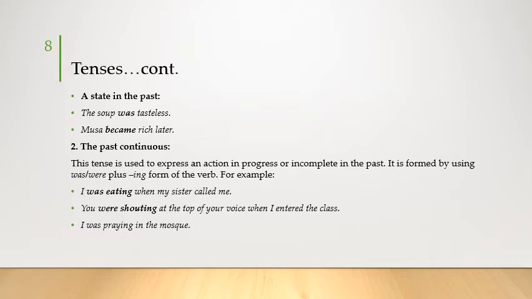It is formed by using was or were plus the ing form of the verb. For example, I was eating when my sister called me. You were shouting at the top of your voice when I entered the class. I was praying in the mosque. Was eating, were shouting, was praying. All these are indicators of past continuous.